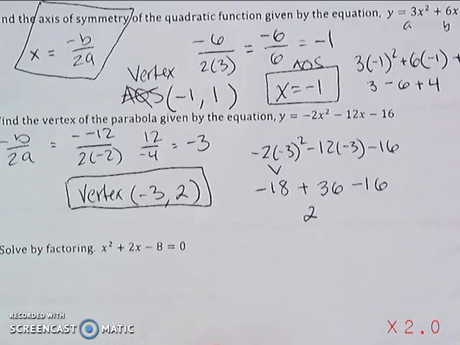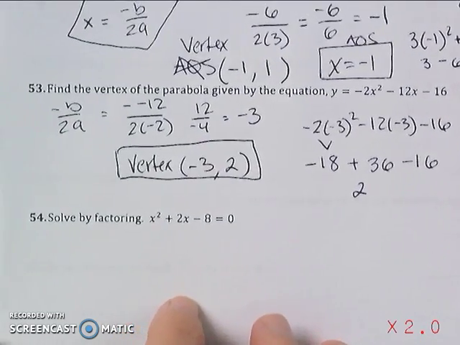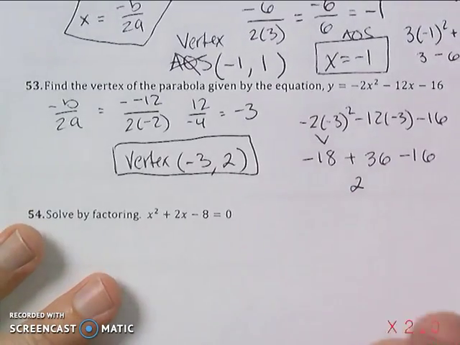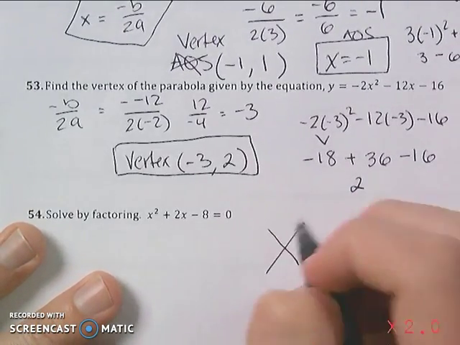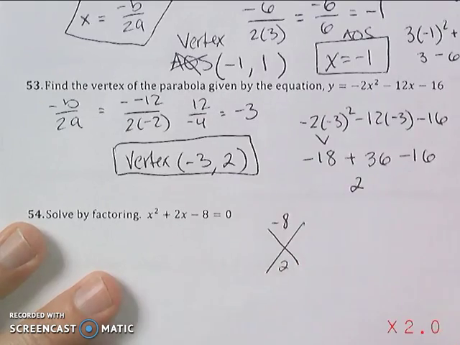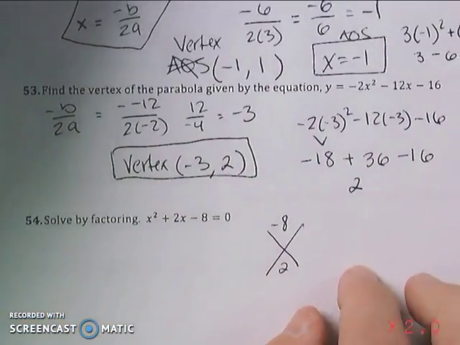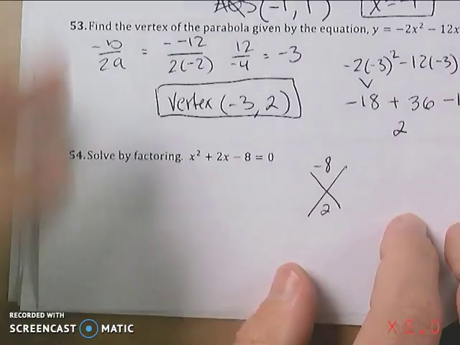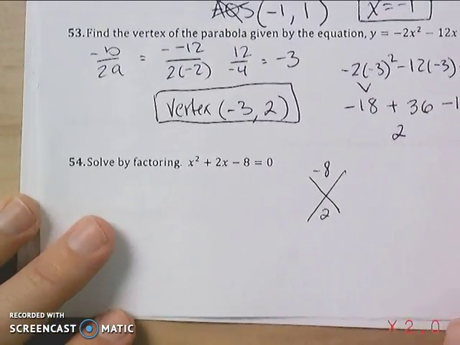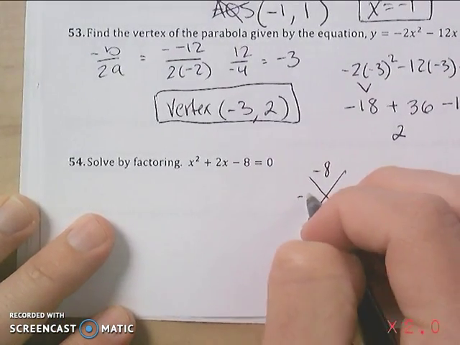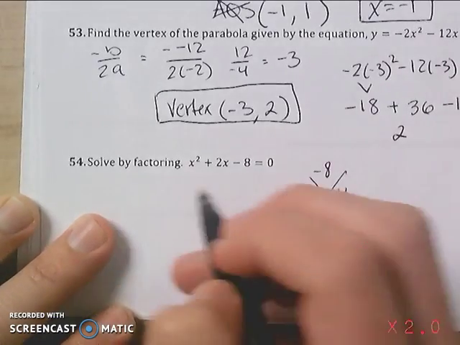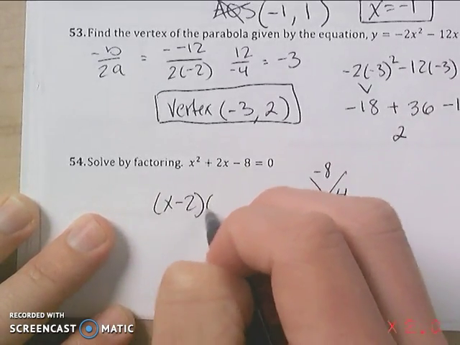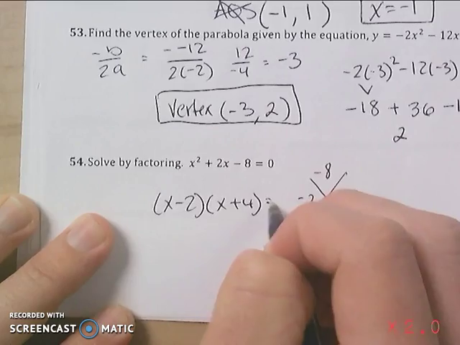54, solved by factoring. We're just going to set up our normal x factor. We get negative 8 and 2. Two numbers that multiply to give me negative 8 and add to give me a positive 2 would be negative 2 and positive 4. So I get x minus 2 and x plus 4 equals 0.